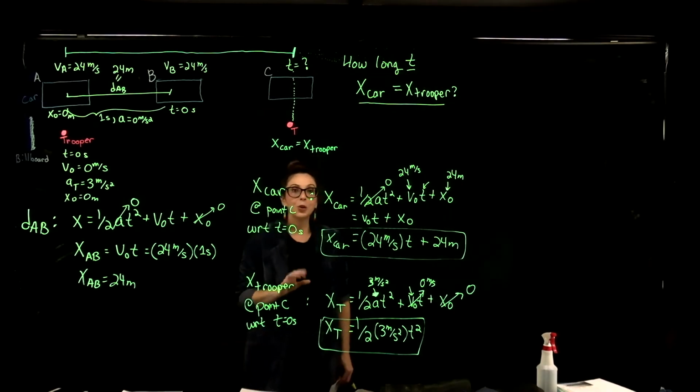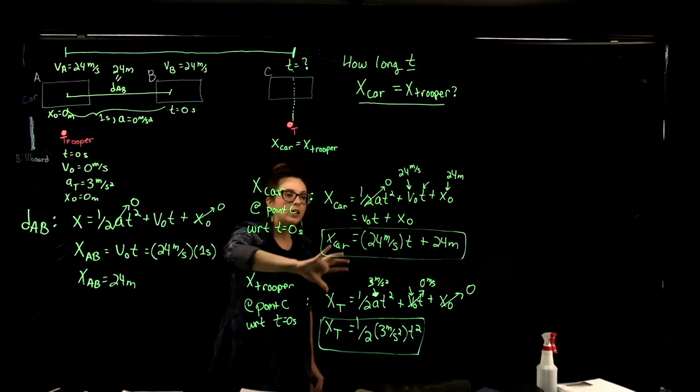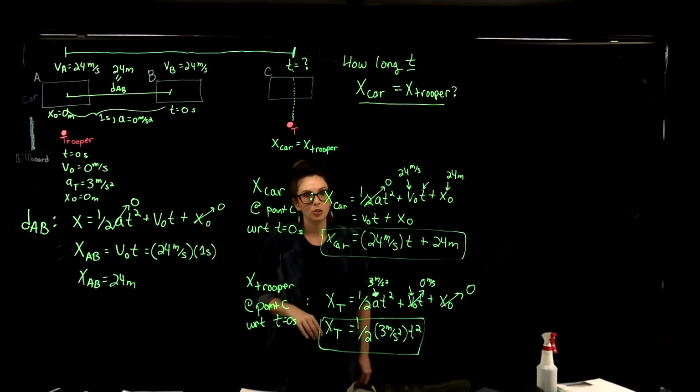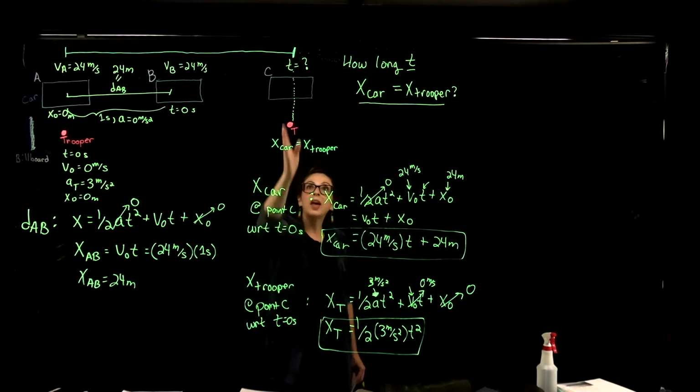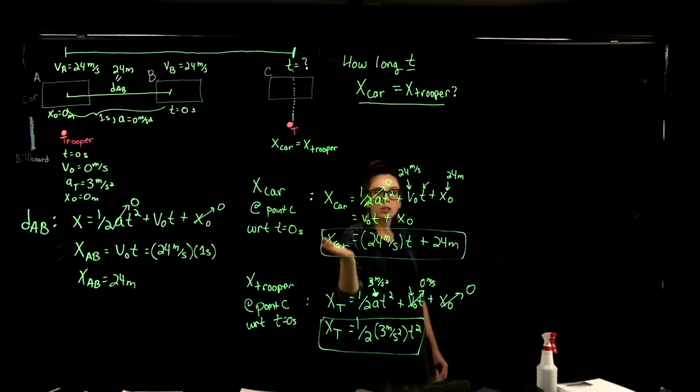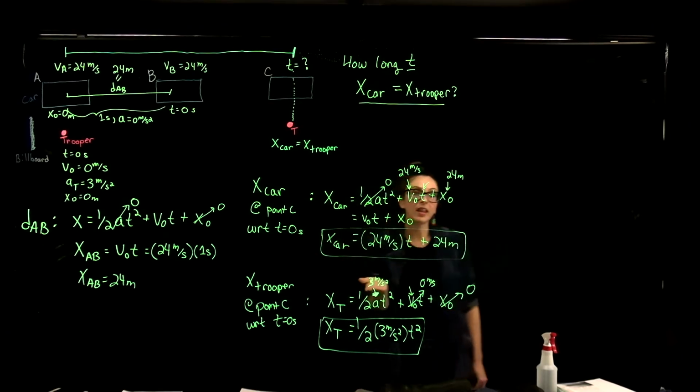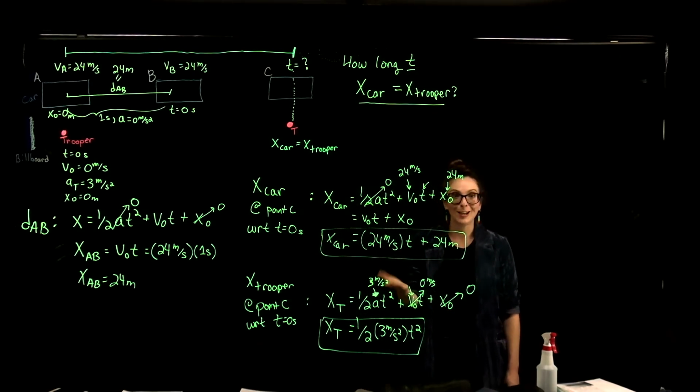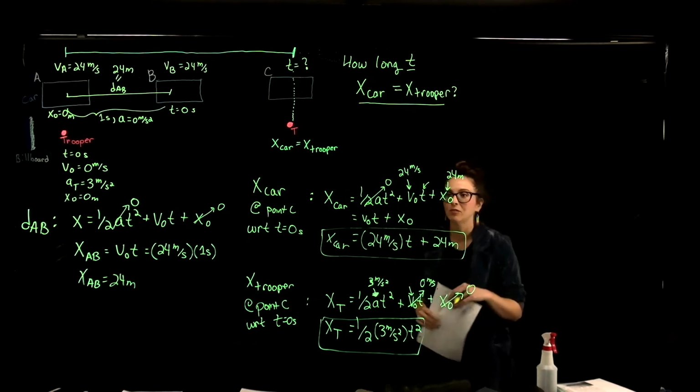Okay, so we need to set these two equations equal to each other. Okay, as the time it takes for the position of those two to match is what we're solving for in this problem. So we've got both of these equations, we set them equal to each other. The only thing we don't know here is t, and so we'll be able to solve this equation for t.